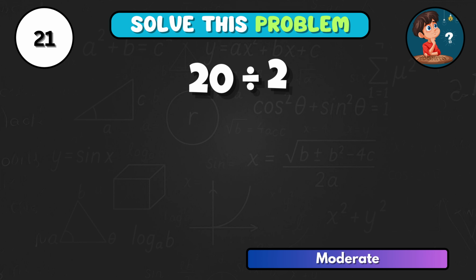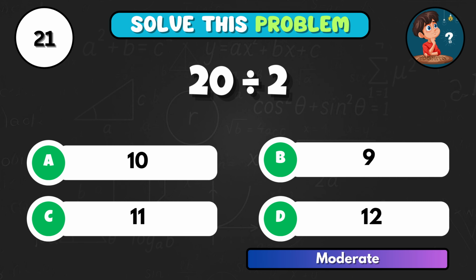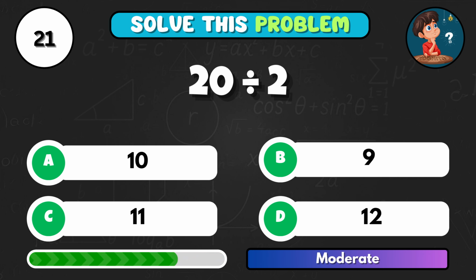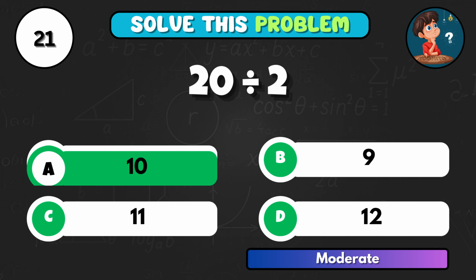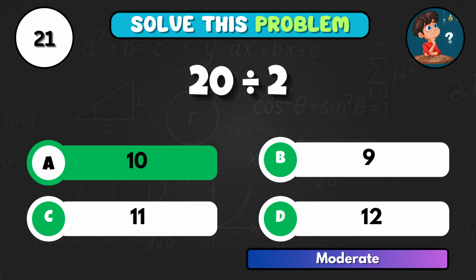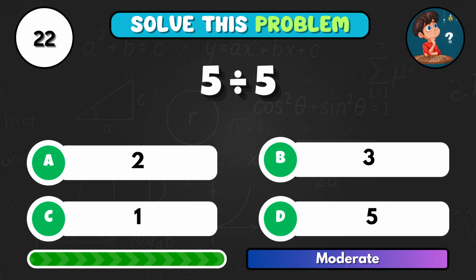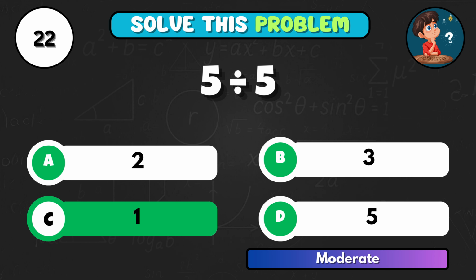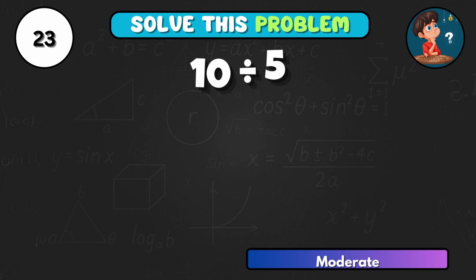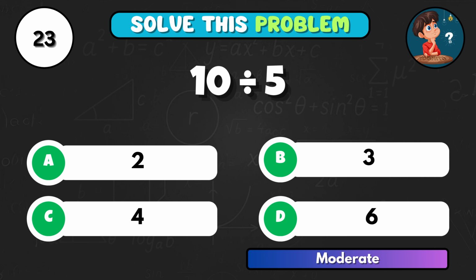And 20 divided by 2 gives? The correct response is A, 10. Now, what's 5 divided by 5? The answer is C, 1. 10 shared by 5 gives you 2.